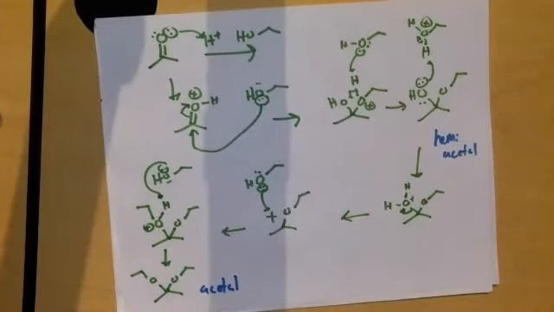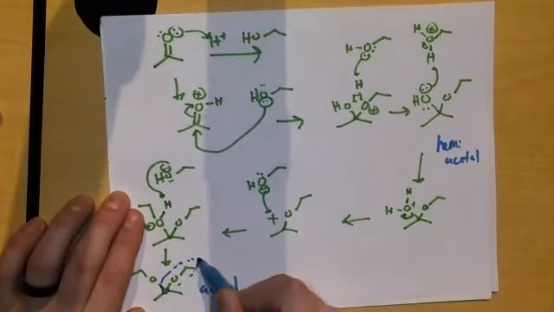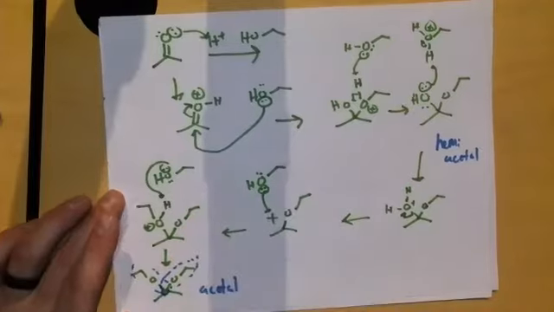Someone in the chat asked what's the name of this mechanism. It should be like acetal formation or acid catalyzed acetal formation. So an acetal is when you have 2 ethers in the same center. So we have 1 ether here, another ether here.